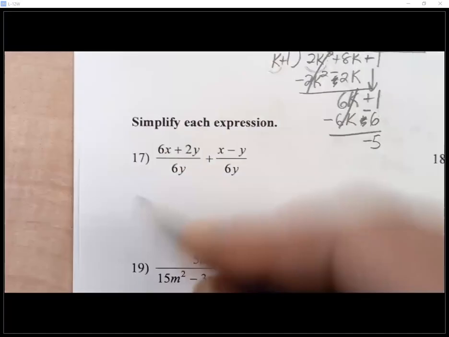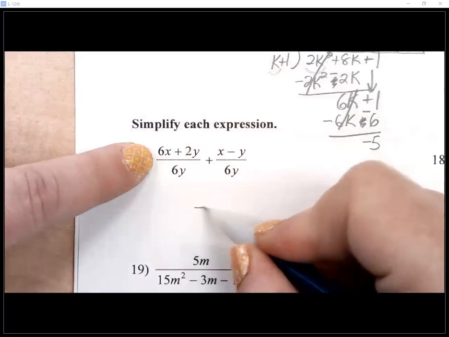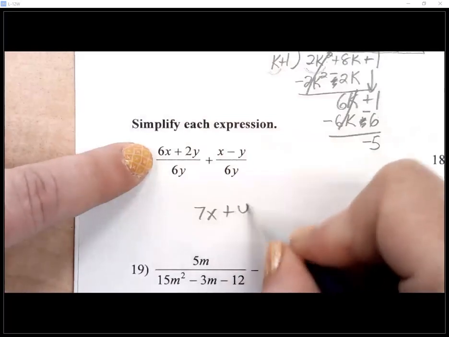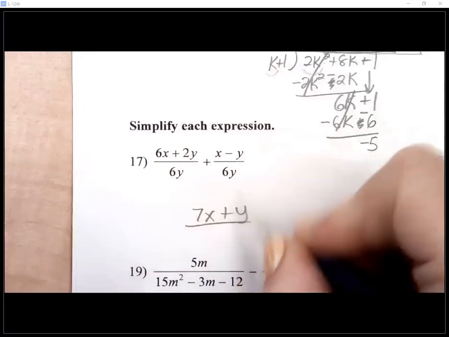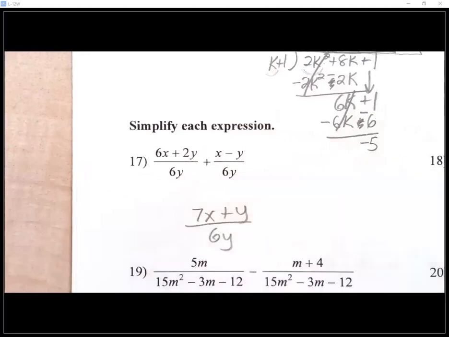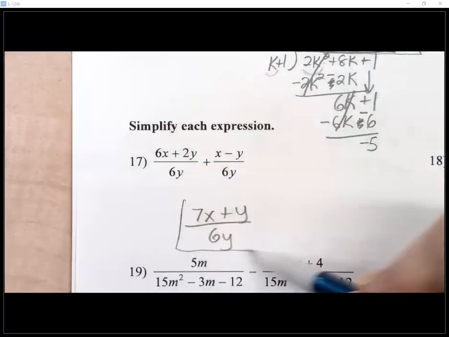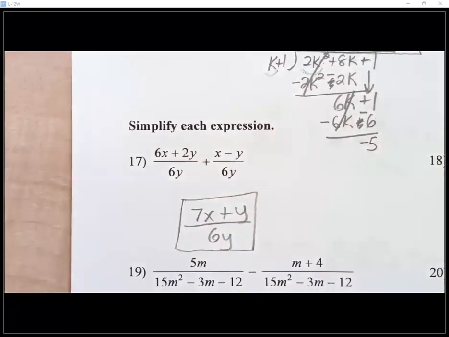You would have 7x plus y over the common denominator, 6y. Is that a final answer? Yes. Don't you touch it. The only way that that's not a final answer is if something factored out of the top and it could cancel with something in the bottom. That's not the case here, so we're done.